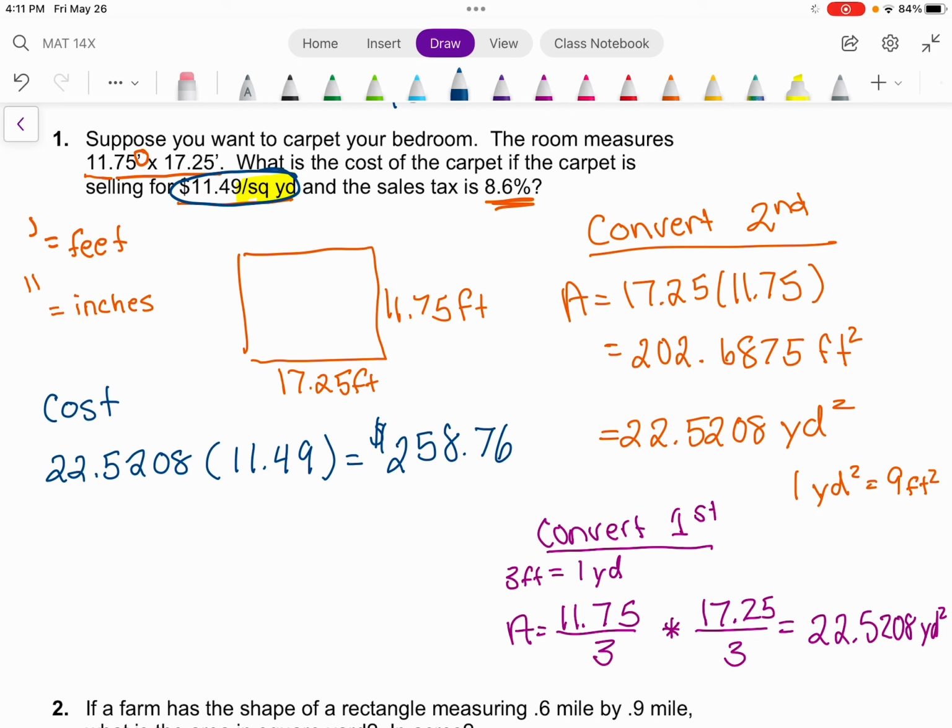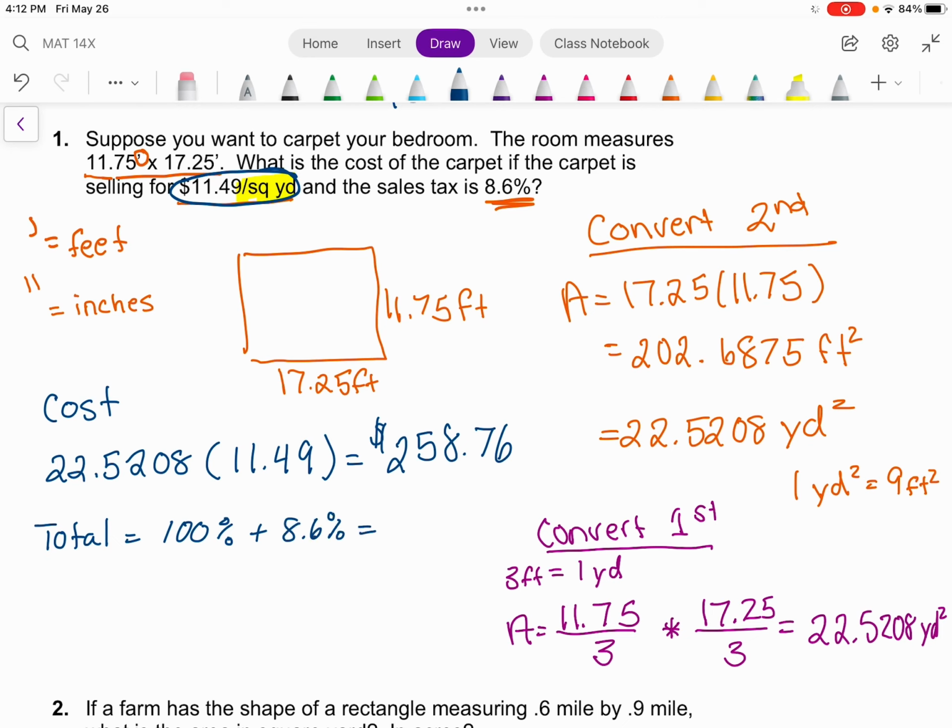So there's some options then when you deal with tax. So basically, you're going to add in 8.6% of that amount into the new total. But what I like to think about is your total cost when we're dealing with taxes is going to be equal to the 100% we started with plus my tax rate, that 8.6%.